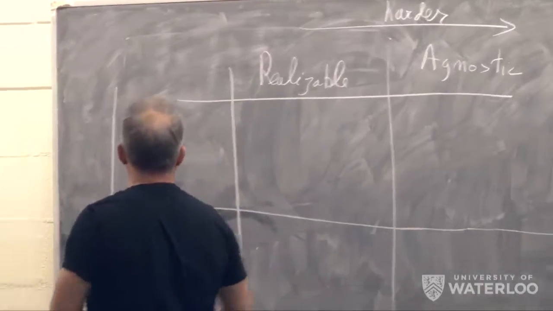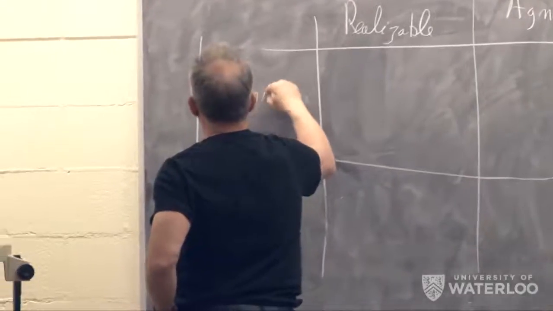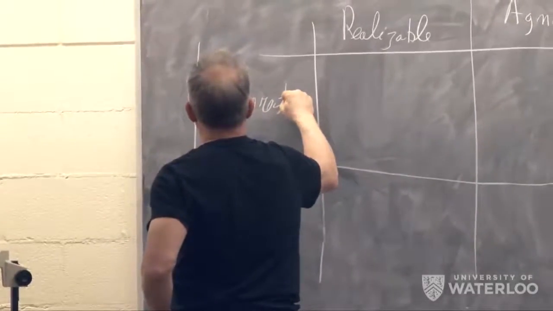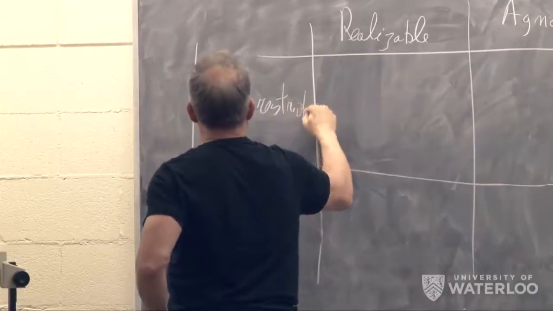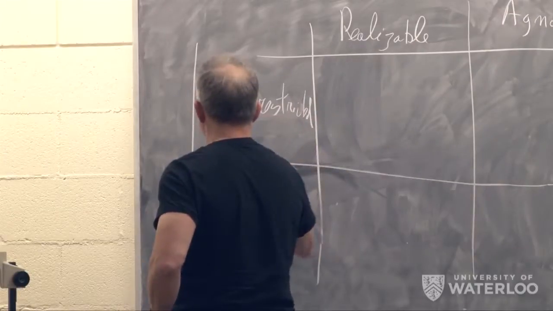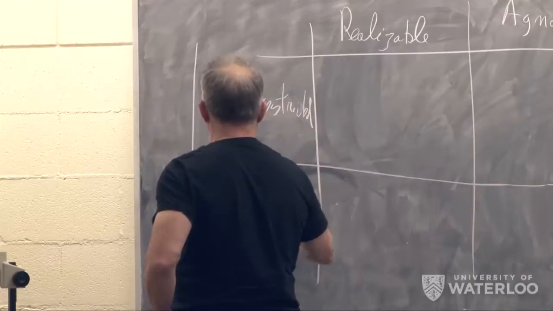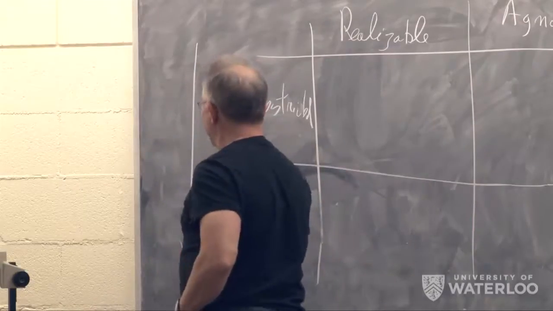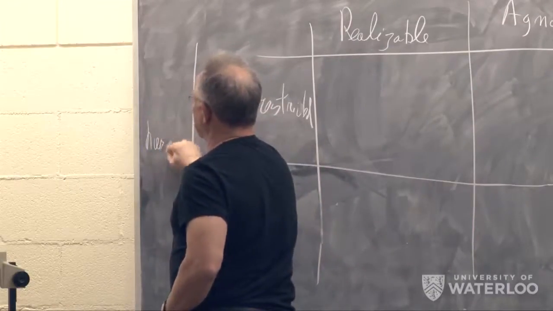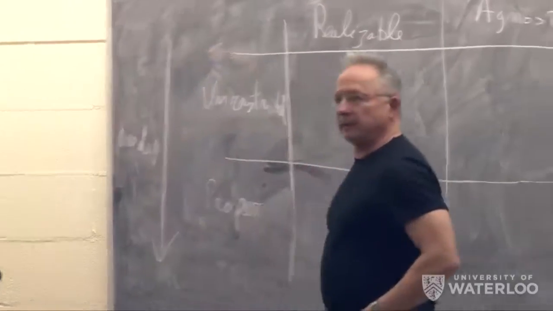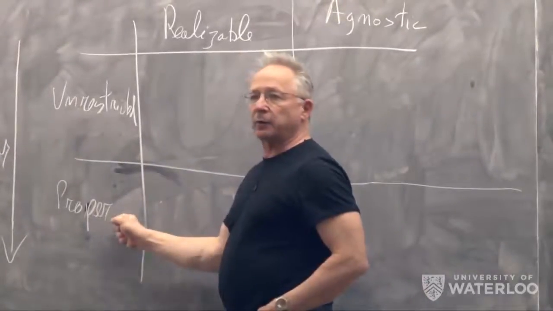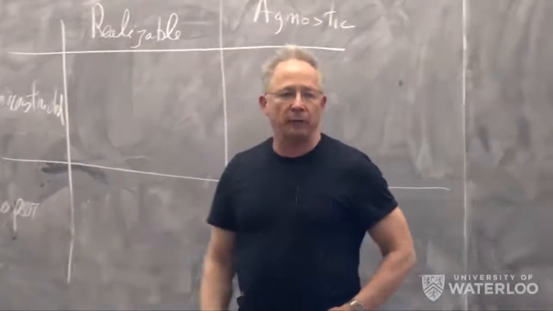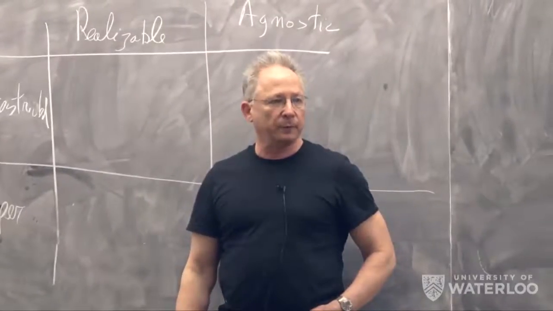Put unrestricted here, and here proper. So harder will be again going from the origin out. So this will become harder, right? It's harder when I make more restrictions on your output. You have to output something from the class.